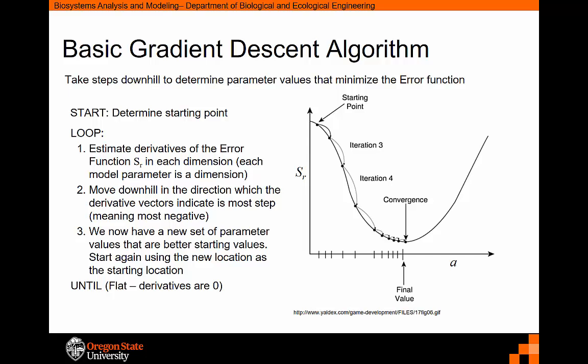We take a step in that direction. How large a step is generally a function of the steepness of the surface. We can take larger steps when the surface is steep, and smaller steps when the surface is not steep. We repeat this process until the slope is reduced to zero. At that point, we will have found a minima on the error surface.